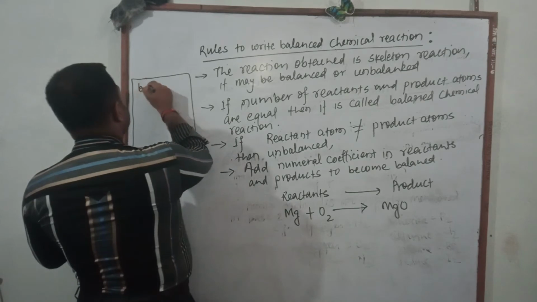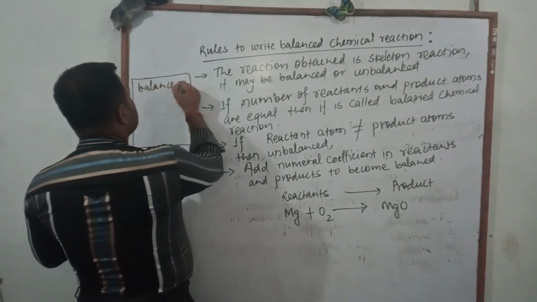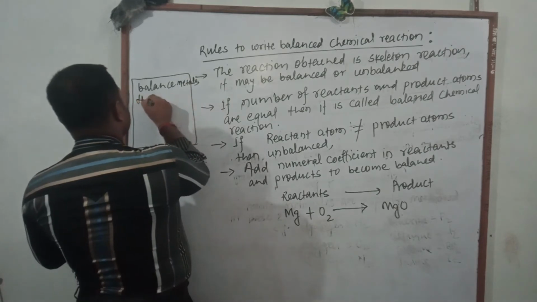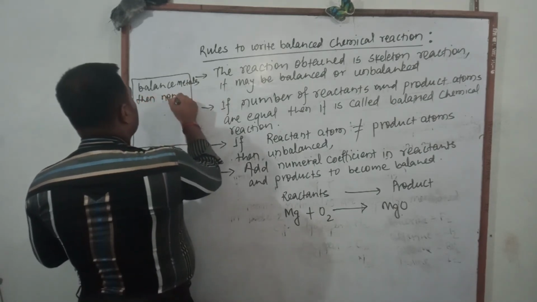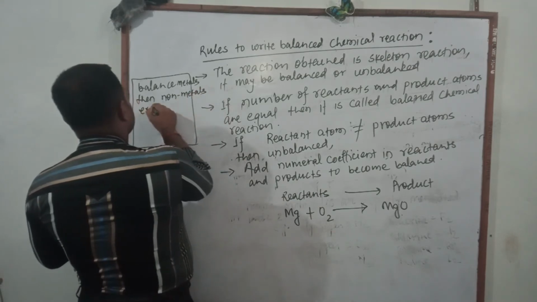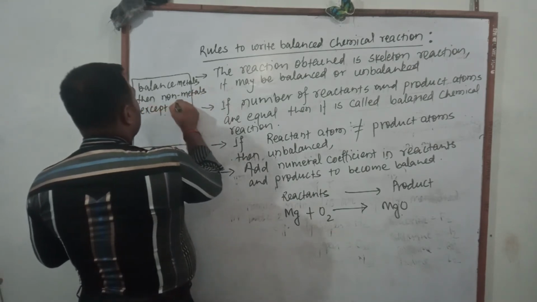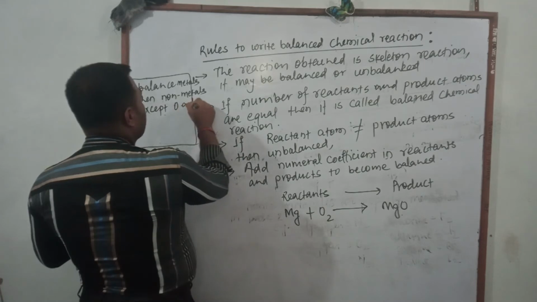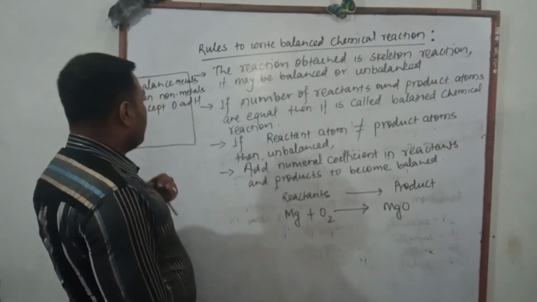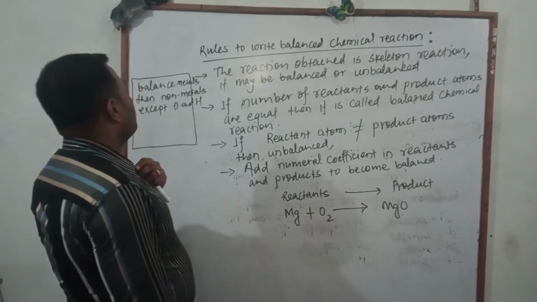At first, balance metals, then non-metals except oxygen and hydrogen; except oxygen and hydrogen, we should balance all the rest of the atoms present.